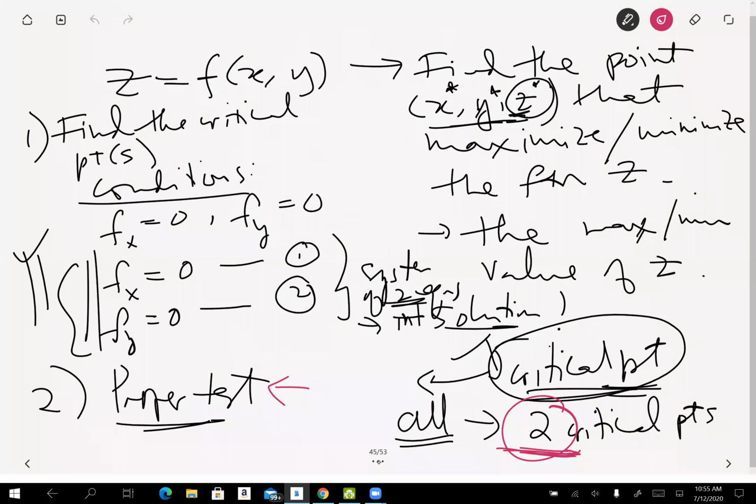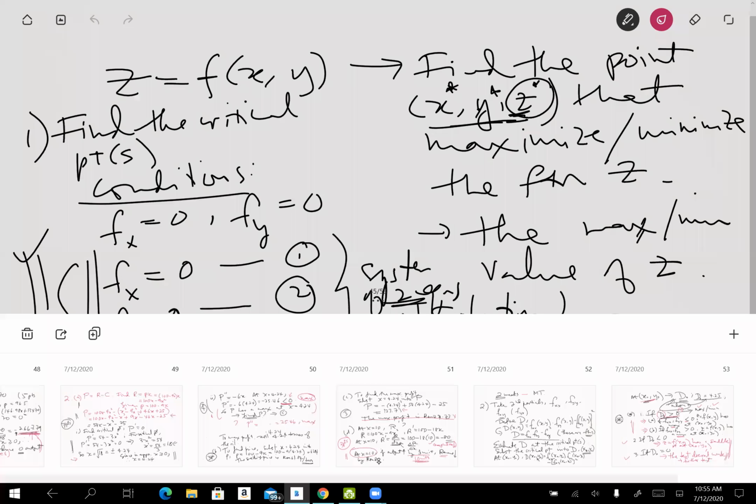Now, one more thing. If you have more than one critical point, then you have to repeat the test for each critical point.